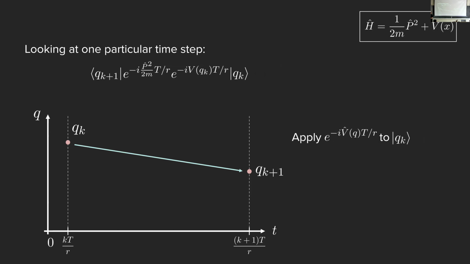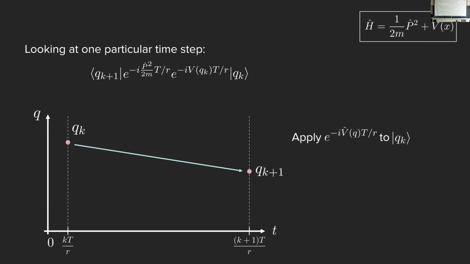In order to do that, we're going to insert another resolution of identity, but this time with the P eigenstates. Again, this is very similar to the derivation of the Feynman path integral, which you may have seen before. Here, the eigenstates of the P operator are the quantum Fourier transform of the computational basis states, so we're inserting that over there.